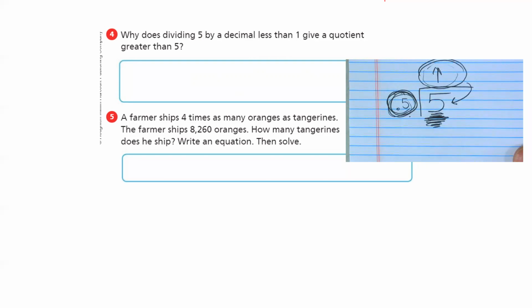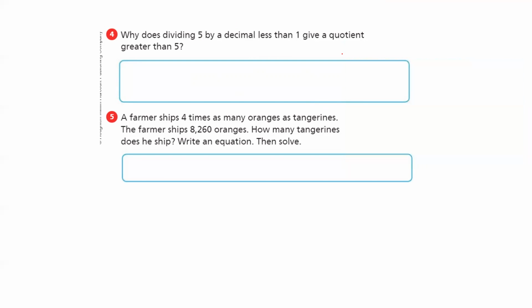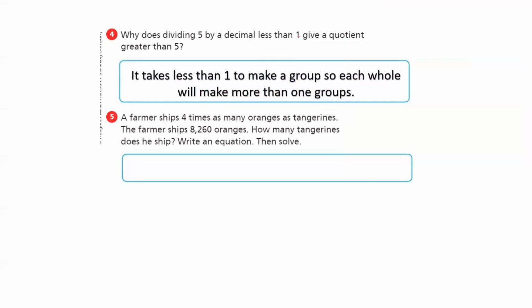So whenever you're dividing by a number smaller than 1, your answer is going to be bigger than the number you started with, because each of these can make at least one group, but more than one group. So it takes less than 1 to make a group, so each whole will make more than one group.